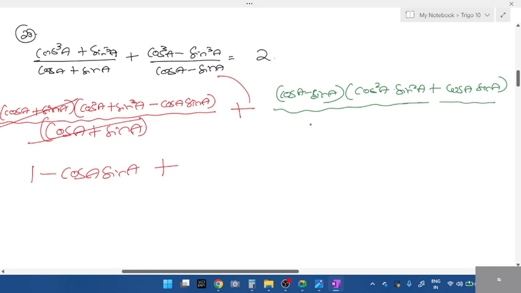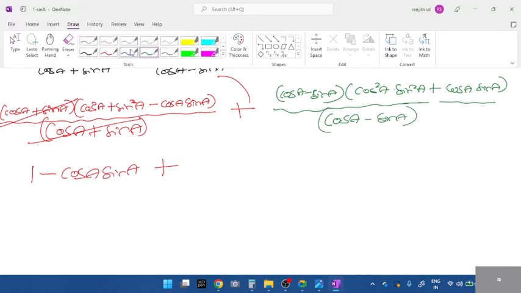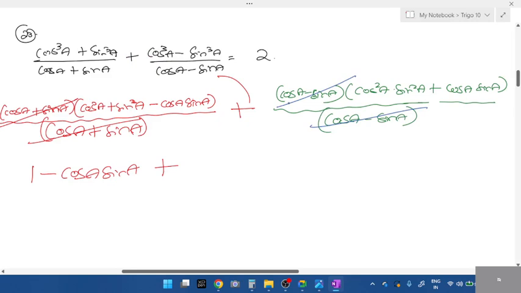I've taken the left hand side, LHS, and start solving. Plus remains as it is. Again, cos square a plus sin square a or sin square a plus cos square a, students. Both are 1. However you write, it's 1. Cos a sin a.